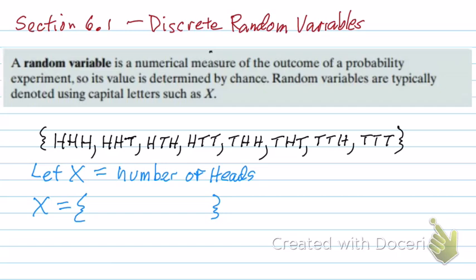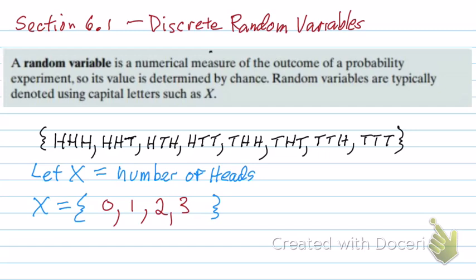What values could X have? From what to what? 0. I might not get any heads at all. Could I have just 1 head? Yeah. 2? 3? 4?